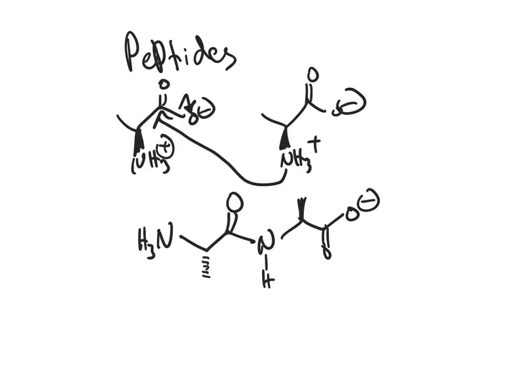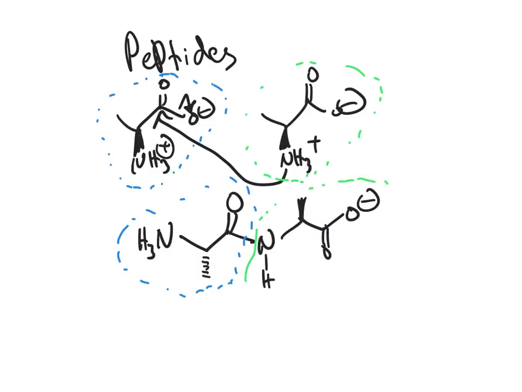And I'm going to circle them in other different colors. So this blue amino acid is represented here, and our green amino acid here.